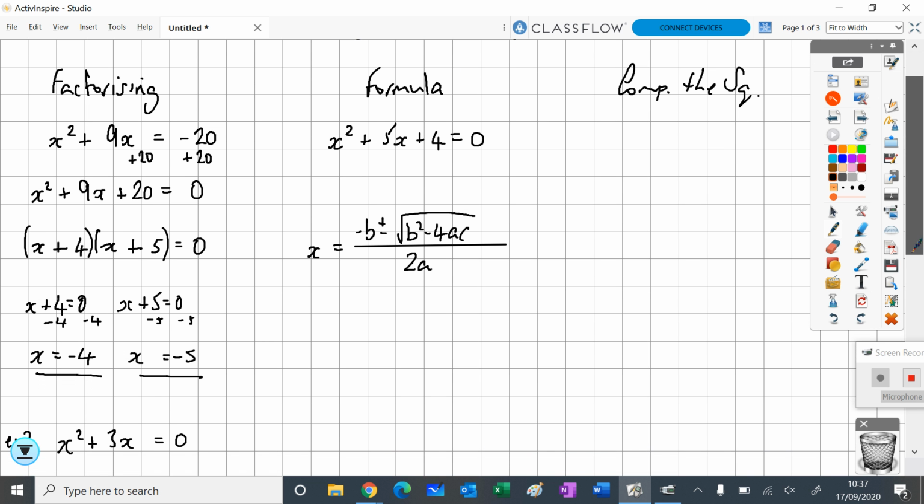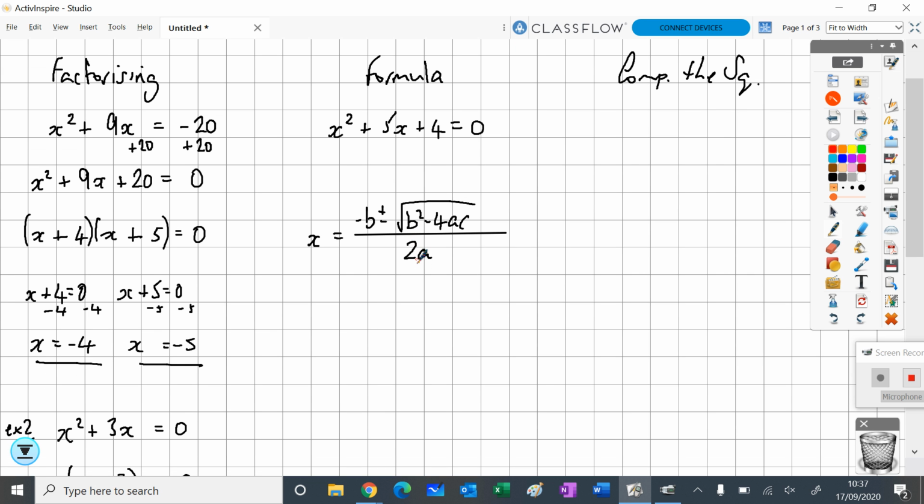And you need to understand that a, b, and c are the coefficients of x squared, x, and then the number term respectively. So we know that a is equal to 1, b is equal to 5, c is equal to 4 for this particular question.